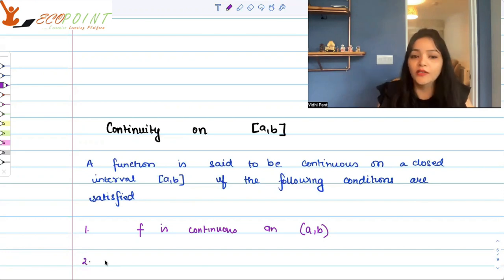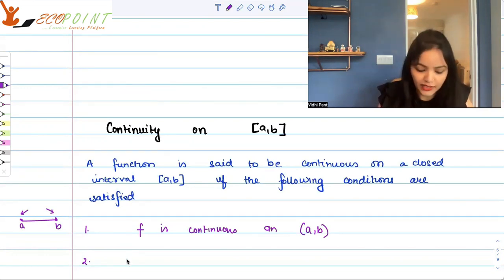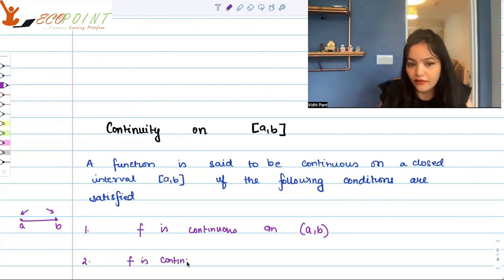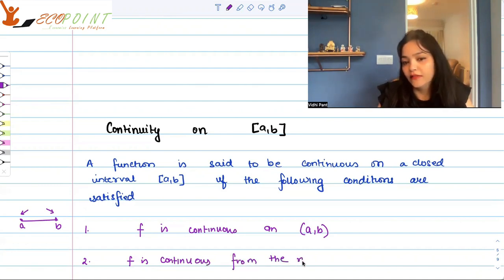Number two. We are moving from a to b, so we are not bothered about the left of a and we're not bothered about the right of b. That means the function should be continuous from the right at a.